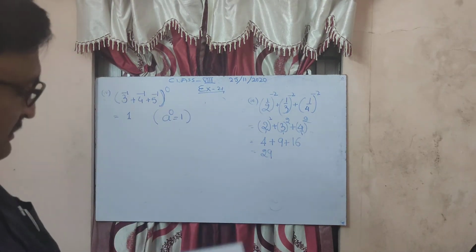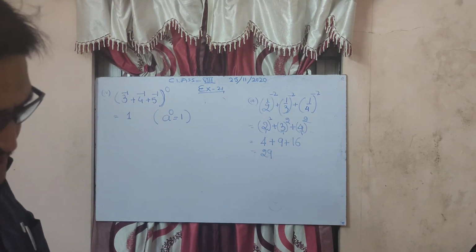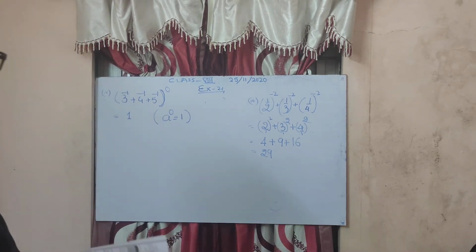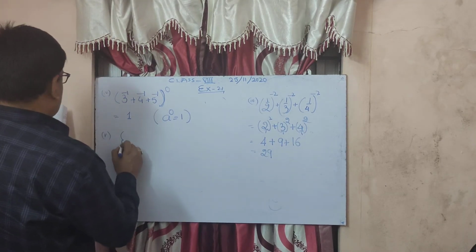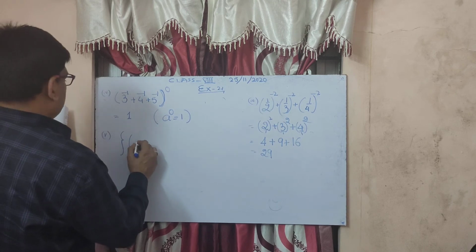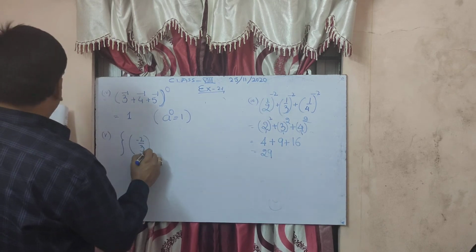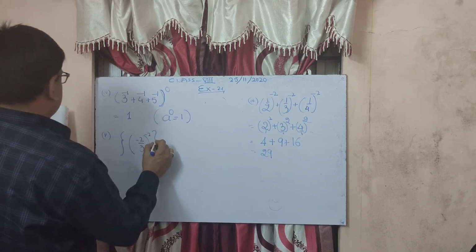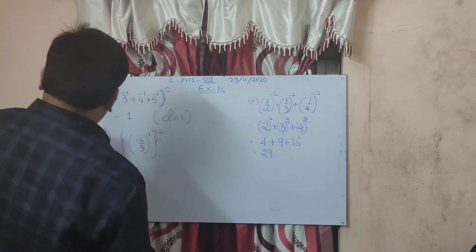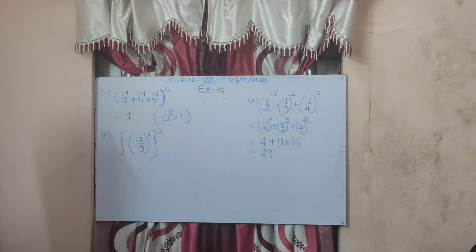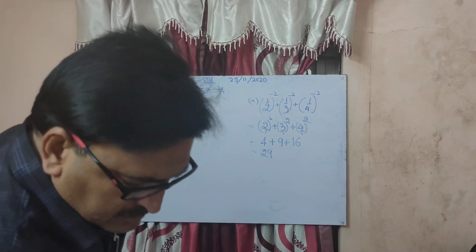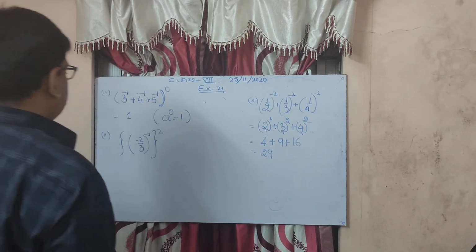This is how the fourth example works. Now the last one, the fifth one. If you know the formulas and laws, it is very easy. You can solve as many examples as you want. Fifth one now: minus 2 upon 3 to the power minus 2, whole to the power 2.